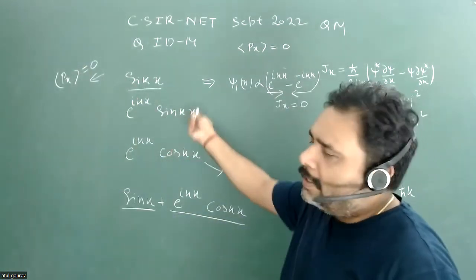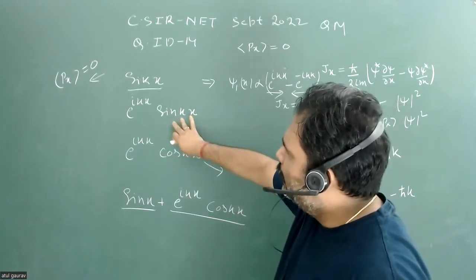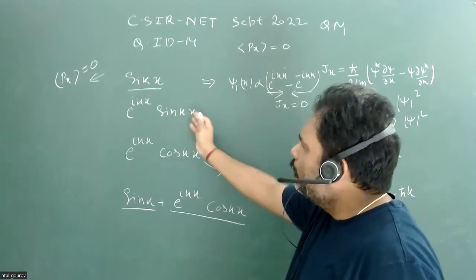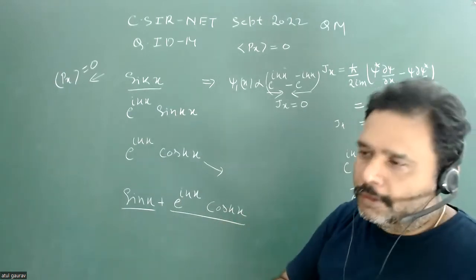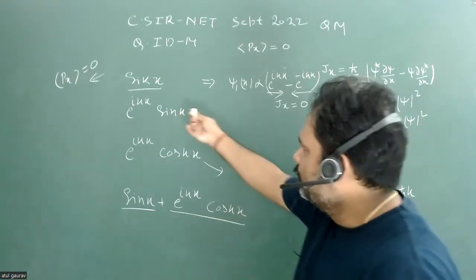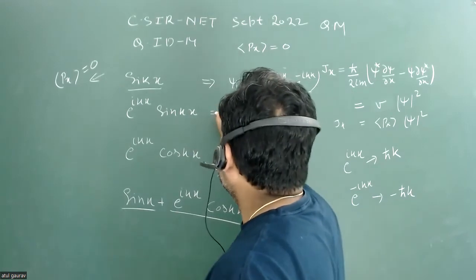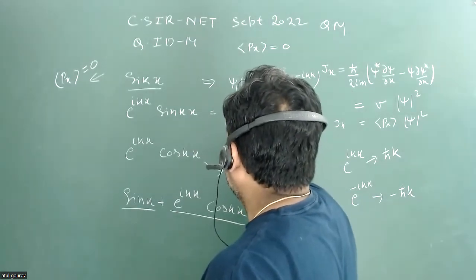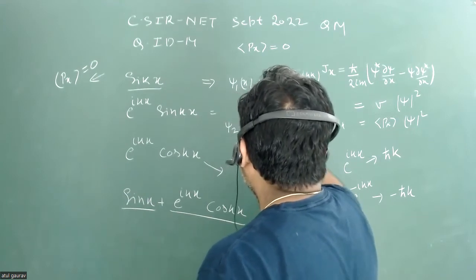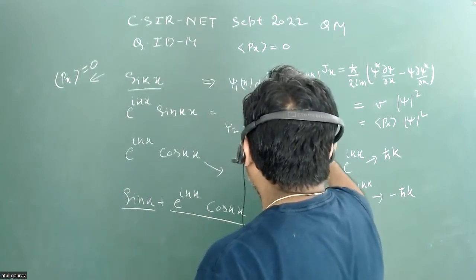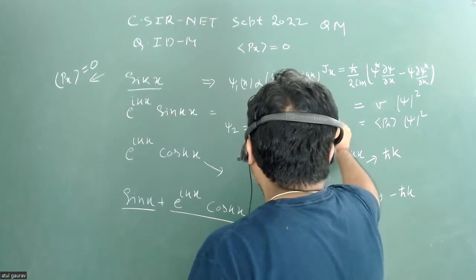If you calculate the current density, this behaves like an amplitude, or you can write it as a superposition of eigenstates of momentum. So this can be written as ψ2, which is e^(ikx) times (e^(ikx) minus e^(-ikx)), giving e^(2ikx) minus 1.